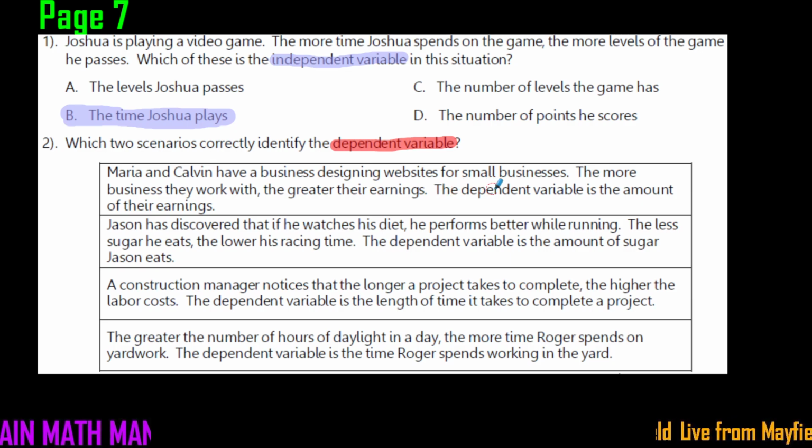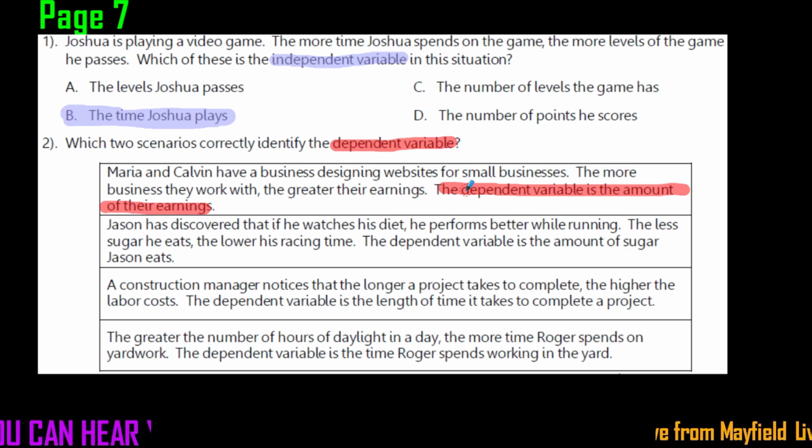And it says the dependent variable is the amount of their earnings. Well, that would make sense, because if they work with fewer businesses, the less they are going to make. So their earnings depend on the number of people they work with. And so that makes sense for that one, so we would pick that first one.